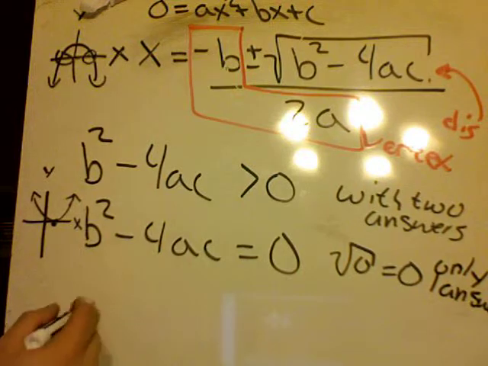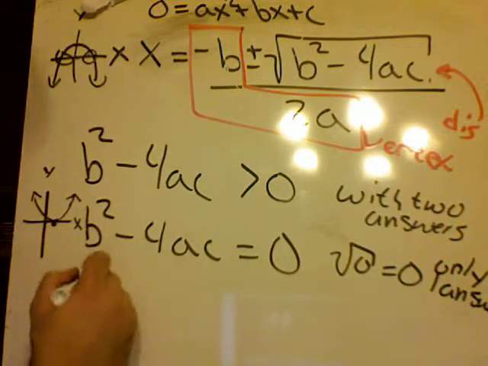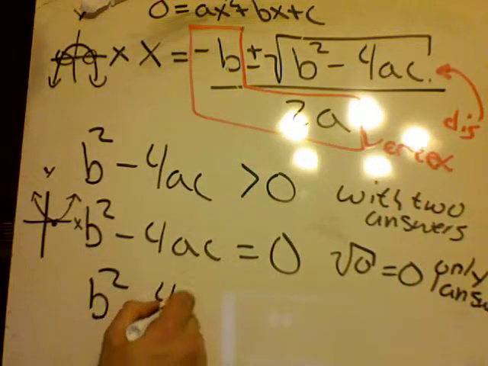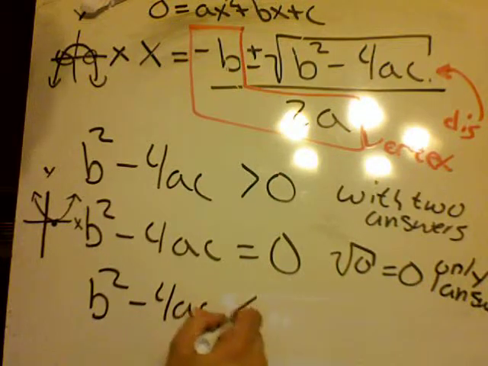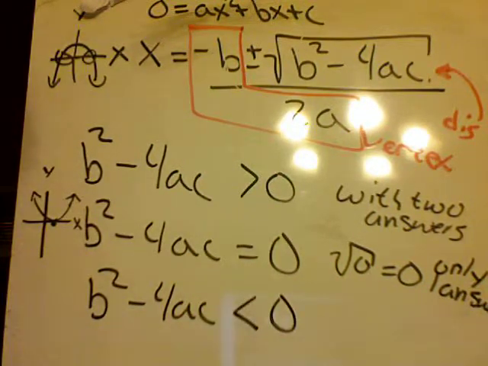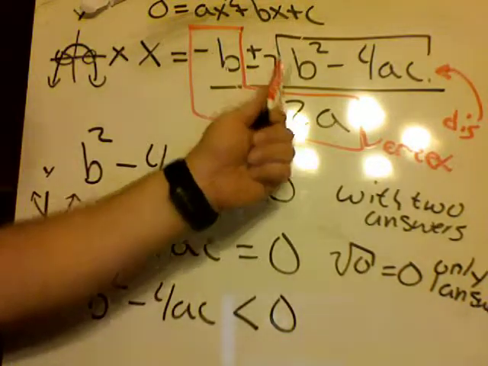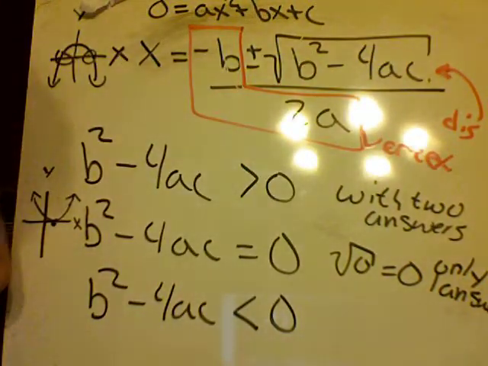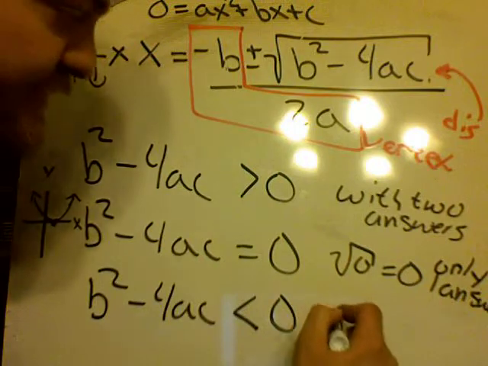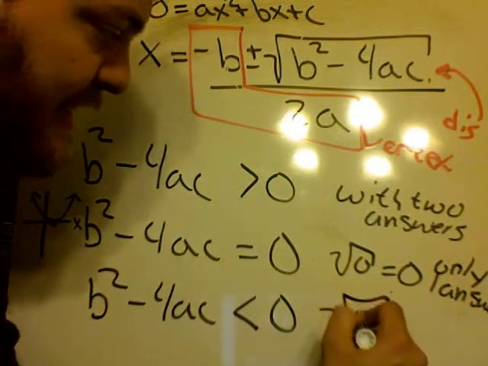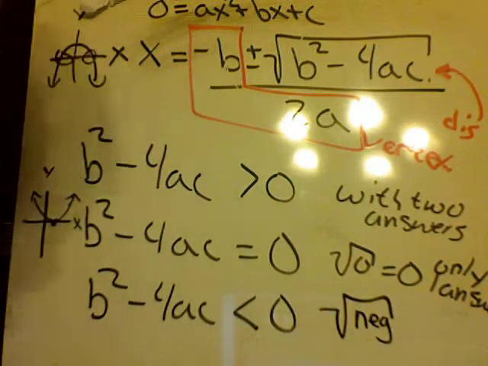Now there's another piece to this. What if b squared minus 4ac is less than 0? Aha! Well, if it's less than 0, we're going to end up with the square root of a negative, which is going to give us an imaginary solution.